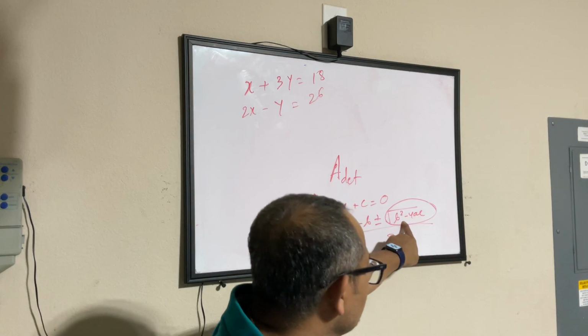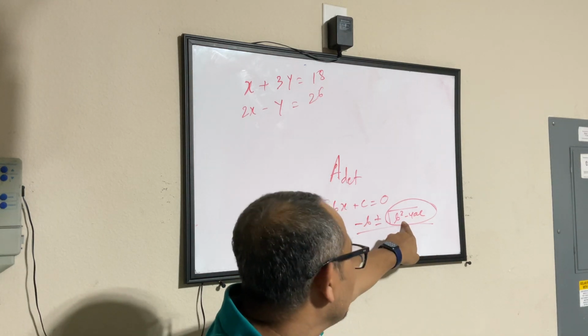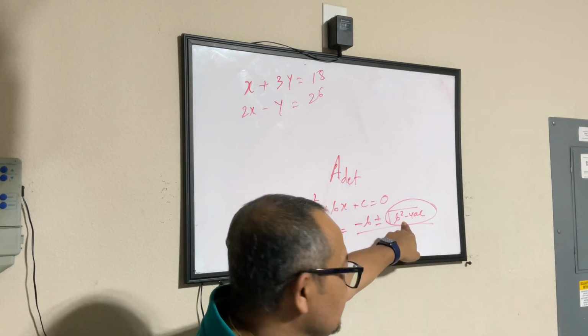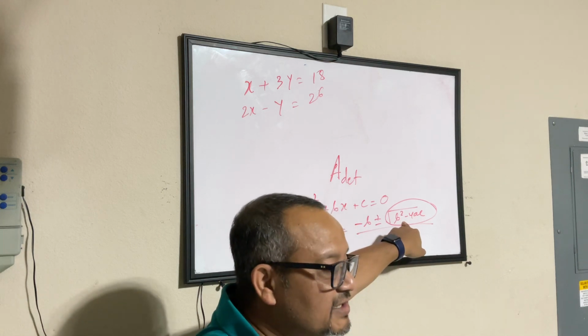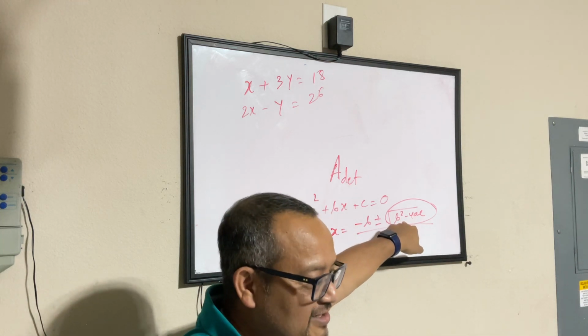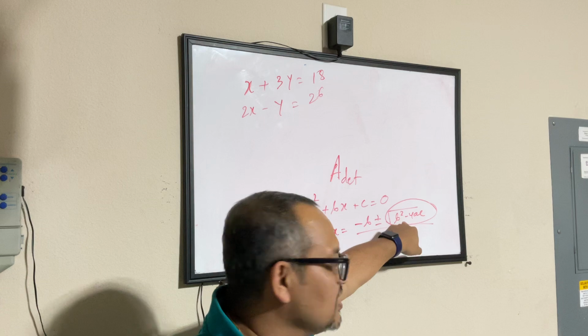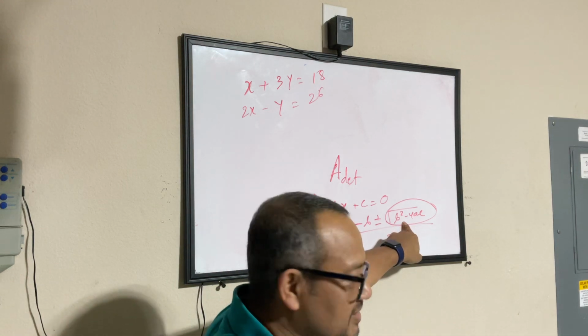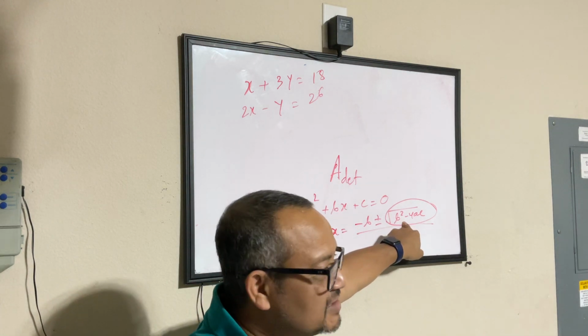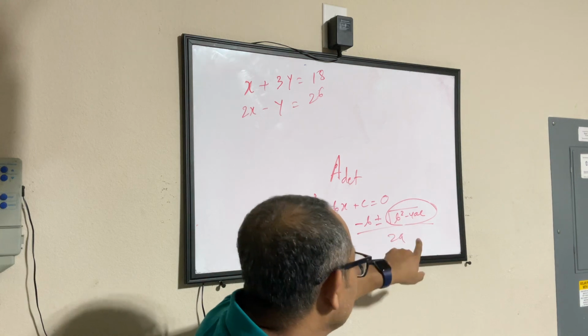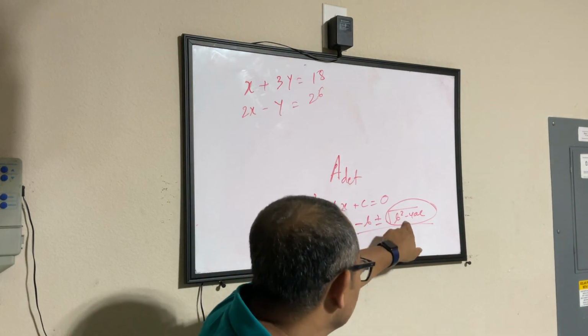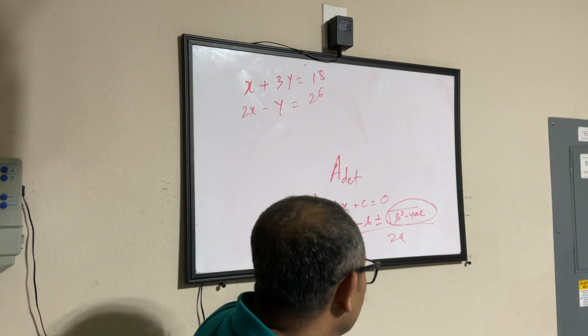If this turns out to be negative, you cannot find the square root of a negative. And Dhanushi will disagree with me. She will say that there is something called a complex number, an imaginary number. But without going to the imaginary side of math, I'm saying that this determines whether you'll be able to find the solution for x or not.